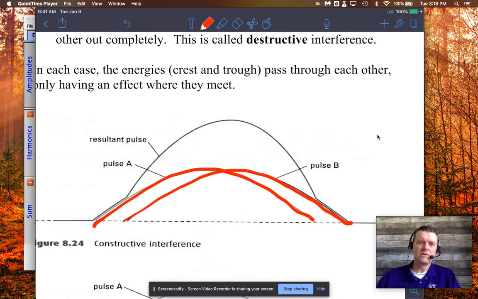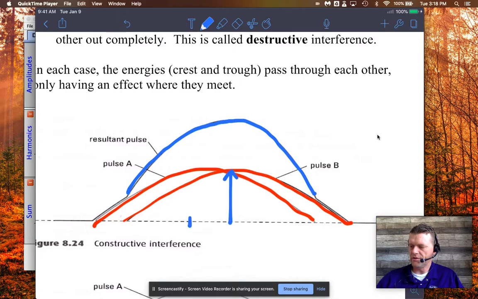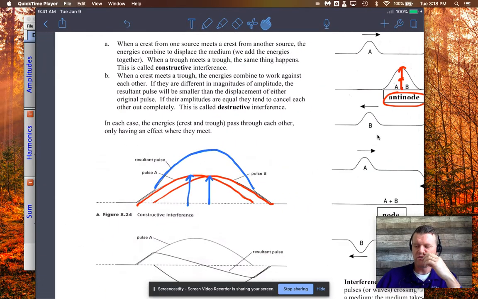When they meet, they superimpose, or their energies add together, and it creates the resultant, or an antinode like this. So those two amplitudes, here's this amplitude and here's that amplitude, they would add together and make the blue super wave, which is called constructive interference.